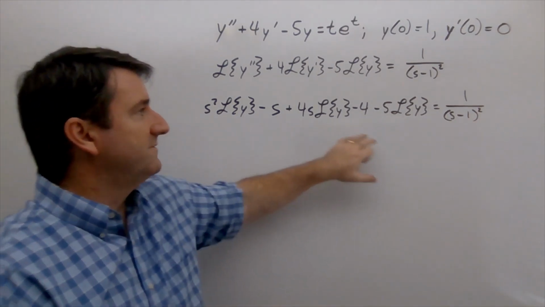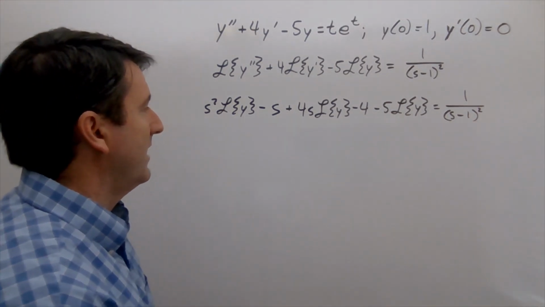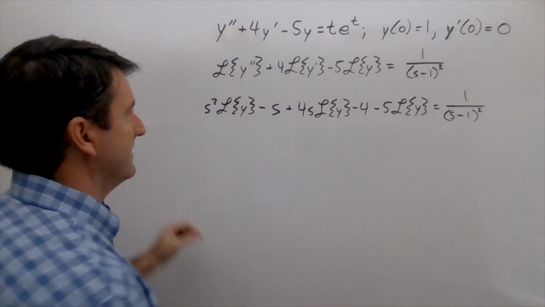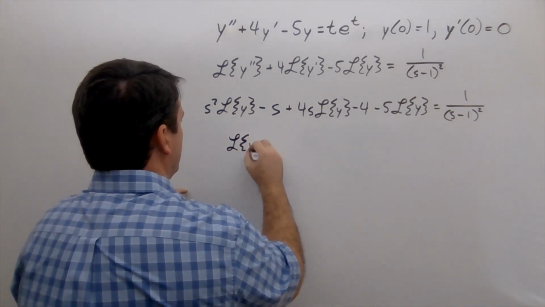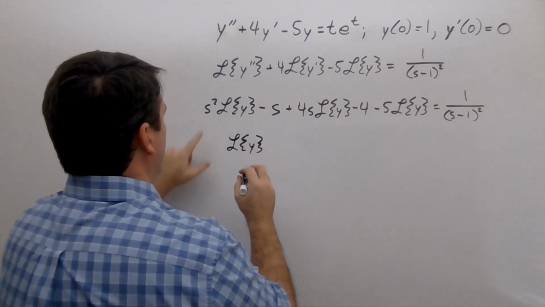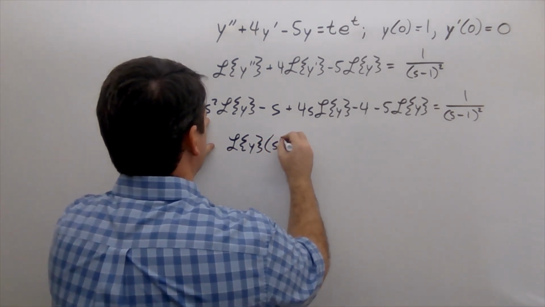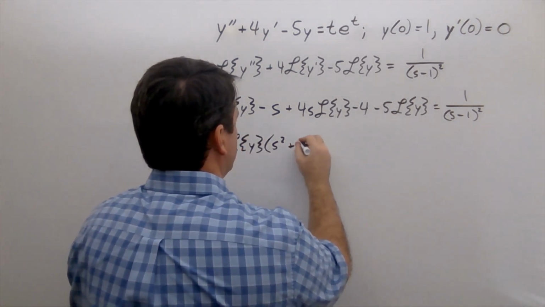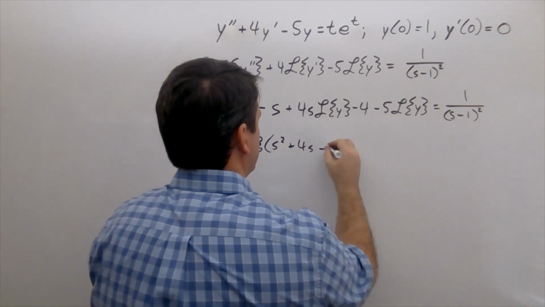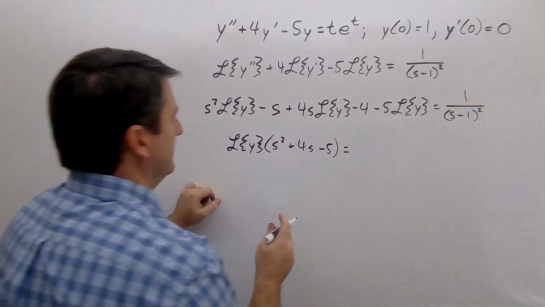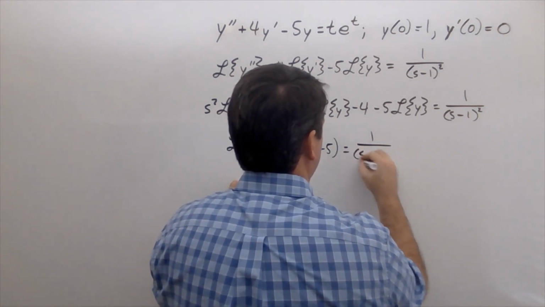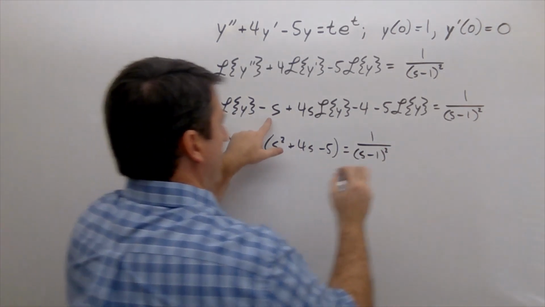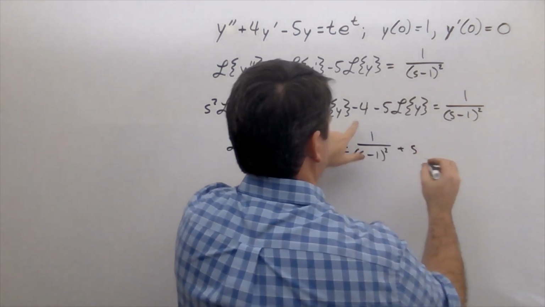All right, so now let's factor out the Laplace transforms here and get everything else to the other side. So we get the Laplace transform of y times s squared plus 4s minus 5 is equal to 1 over s minus 1 squared plus s plus 4.